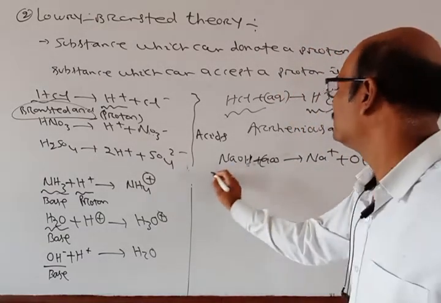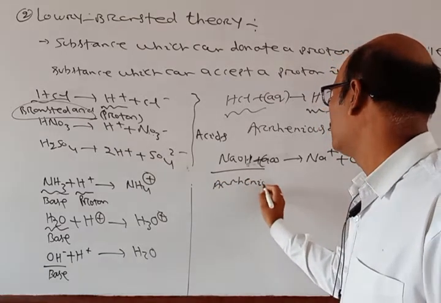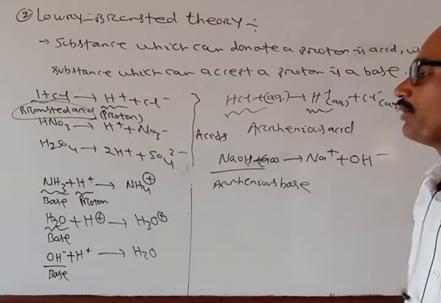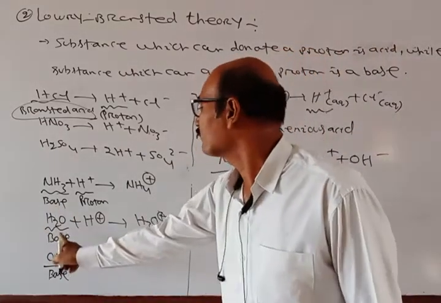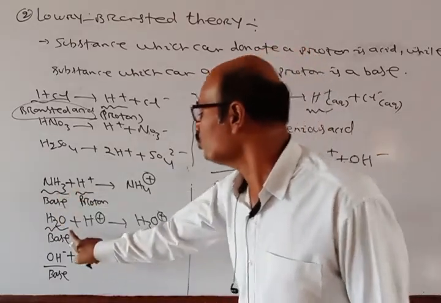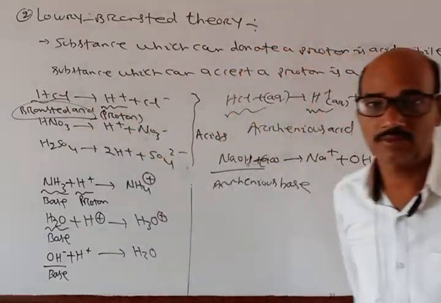It's your Arrhenius base. But here you see, NH3 can accept a proton, it's a base. H2O can accept a proton, it's a Bronsted base.